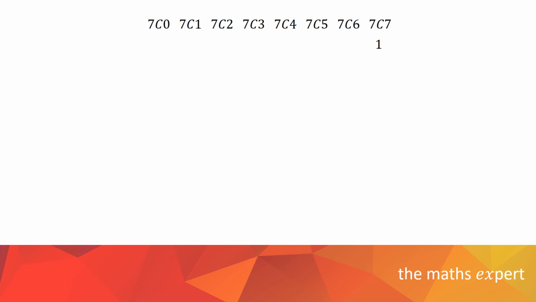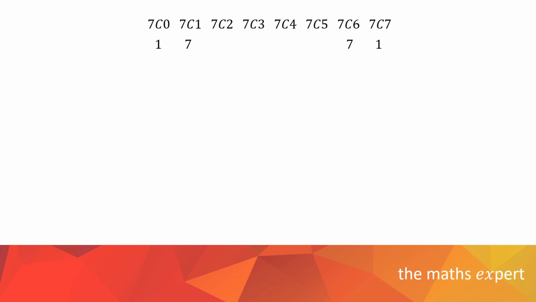By a similar logic, 7 choose 0 is also 1, as there is only one way of choosing no people. 7 choose 1 is 7, as there are 7 individuals I can choose to get my team. 7 choose 6 is also 7, and I will explain why this is true later on.